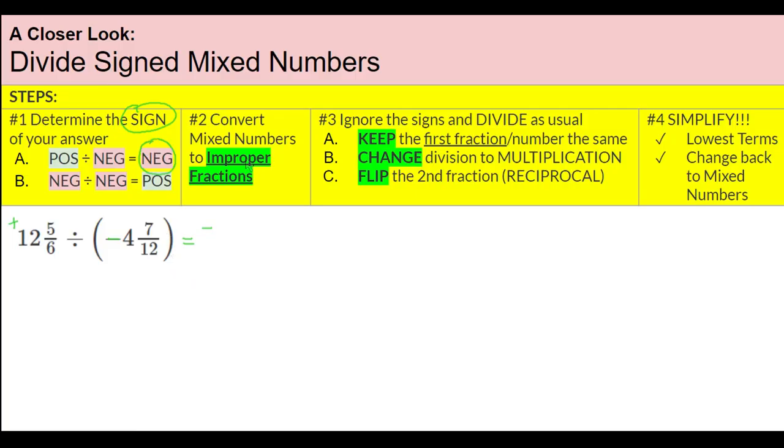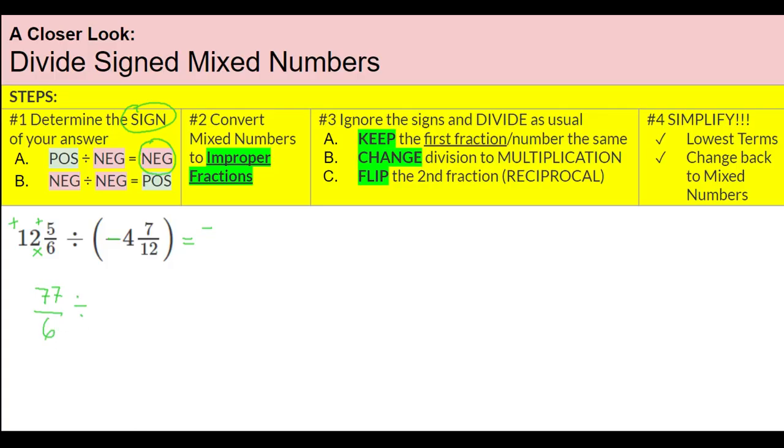Okay, step 2. Let's change the mixed numbers to improper fractions. I'm going to do this a little bit quicker. I'm going to go 6 times 12 plus 5. So 6 times 12 is 72 plus 5 is 77. So I'm changing that one to 77 over 6.